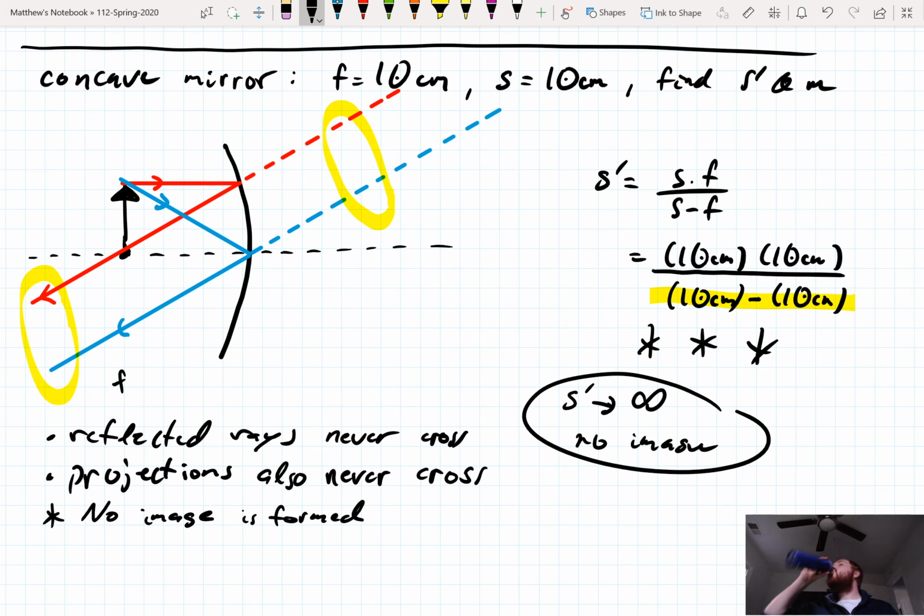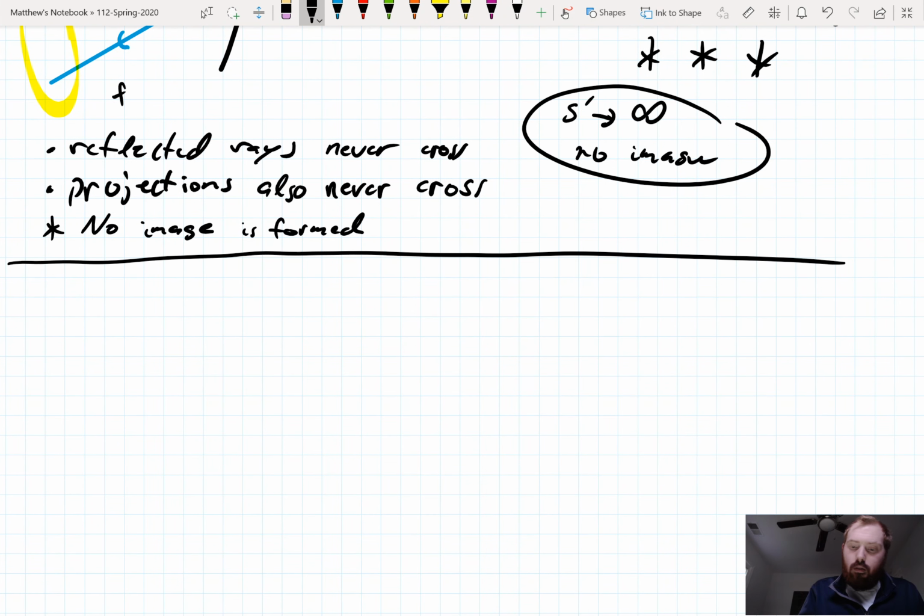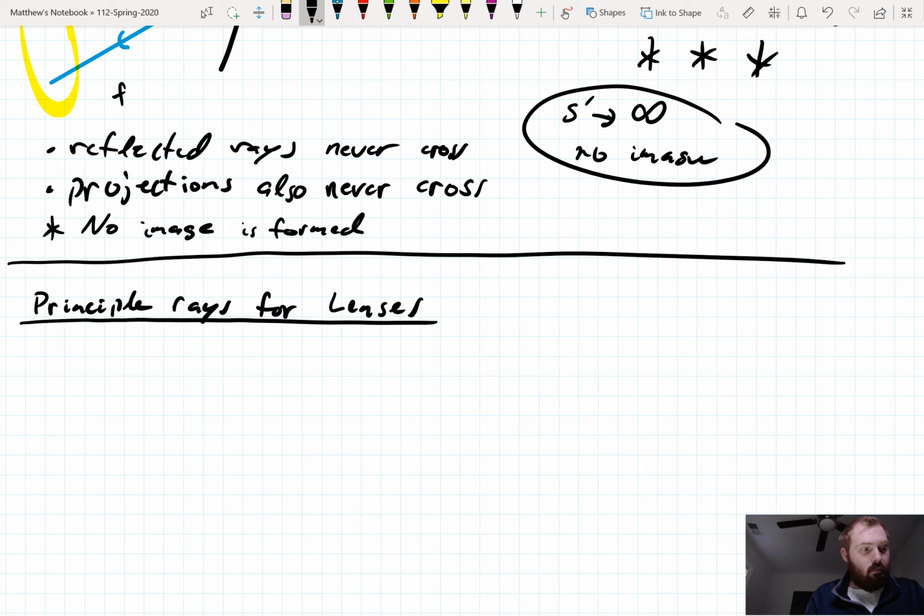Alrighty. Let's go on to our lenses examples now. Let's do our principal rays for lenses. All right, first one should be familiar.